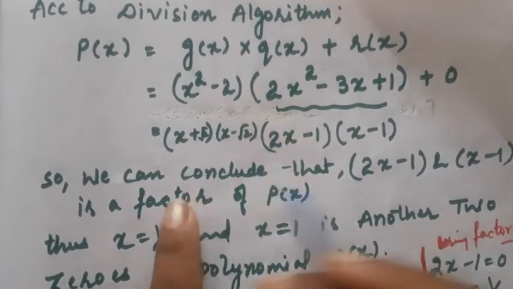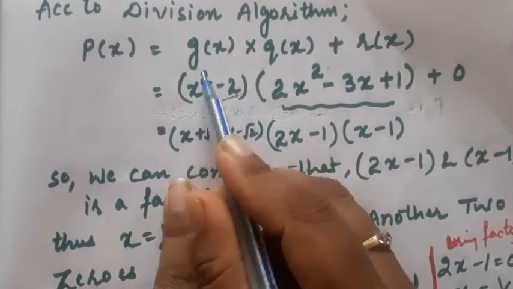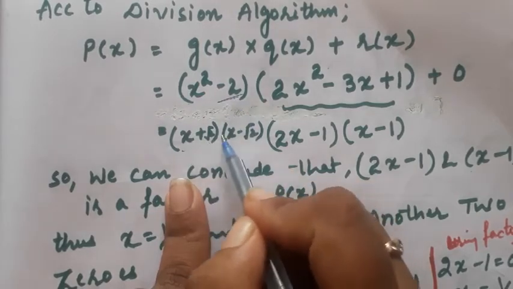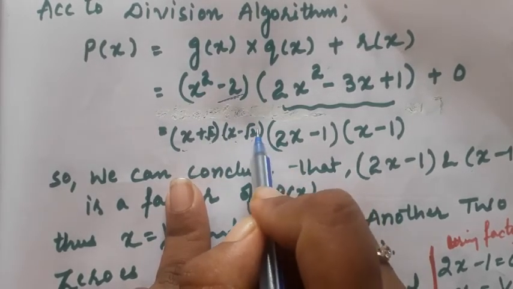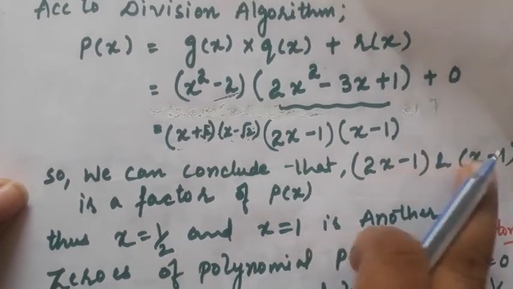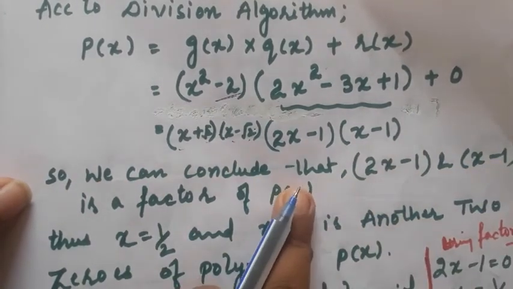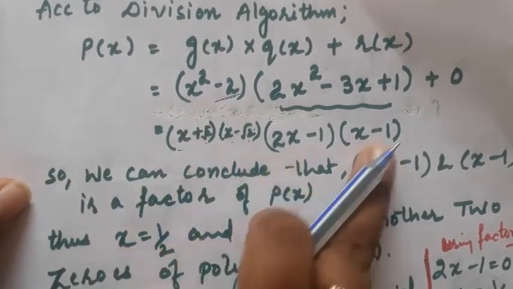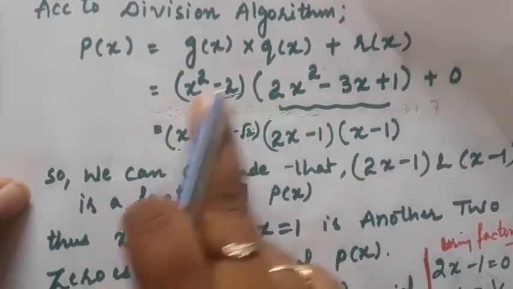And this thing we already know, that x square minus 2 can be written as x plus root 2 and x minus root 2. So we can conclude that 2x minus 1 and x minus 1 are factors of p(x), as p(x) is written in terms of its factors only, right?